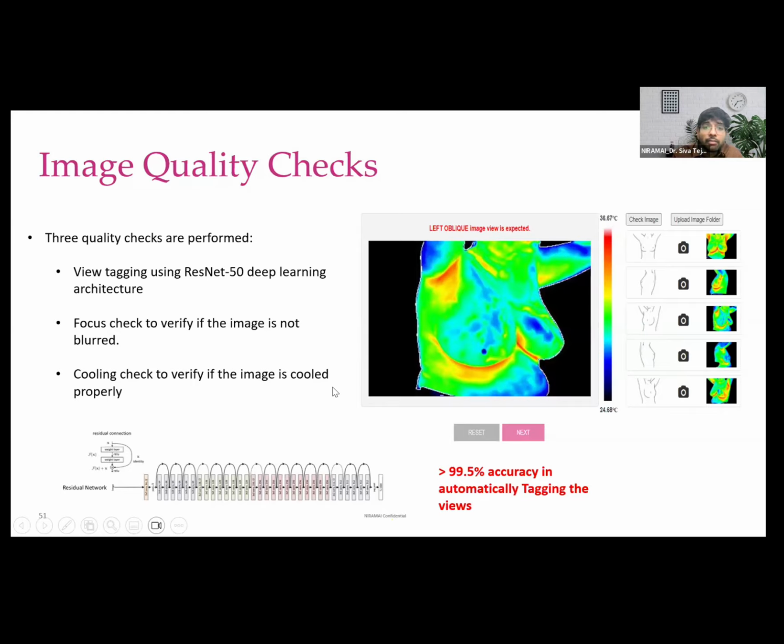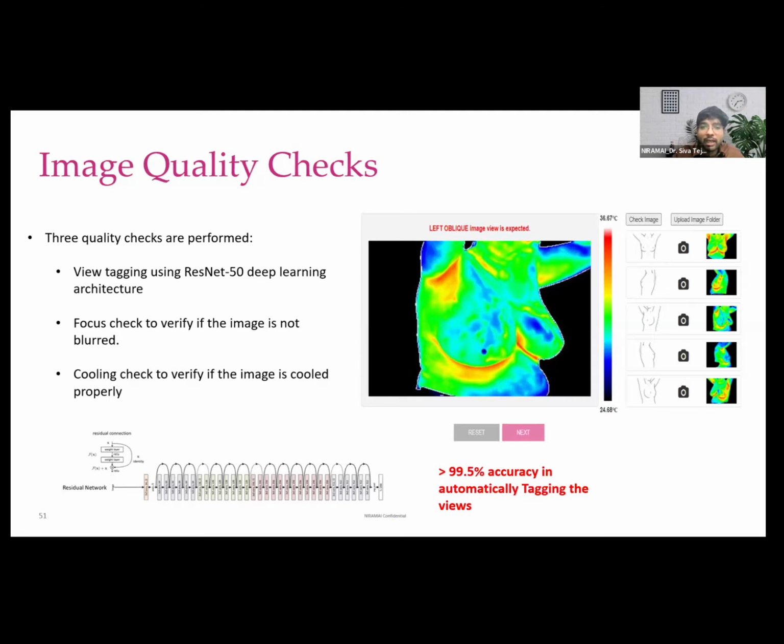And the second quality issue that we have seen is focus, because we're talking about thermal cameras and we have the lens. The common issue is if you don't focus properly, the temperatures get averaged out and you would see a blurry image. So we have a simple focus check, because this is an easier problem. We don't want to complicate it. Whenever there is an improperly focused image, you would end up seeing the edges as blurry.